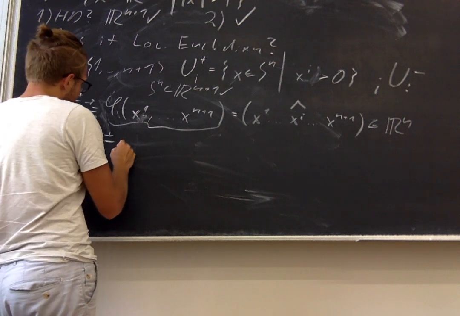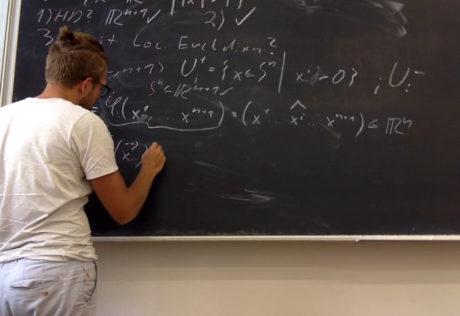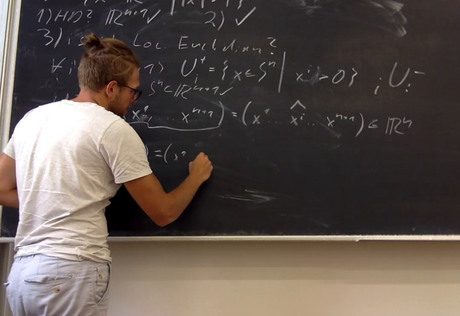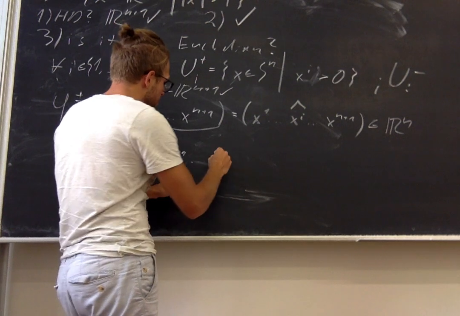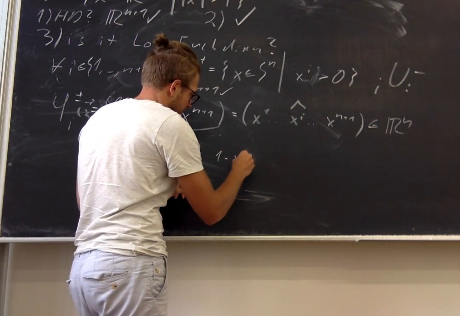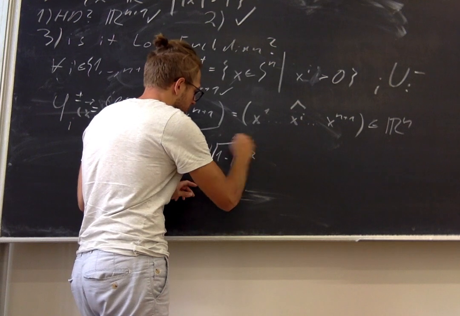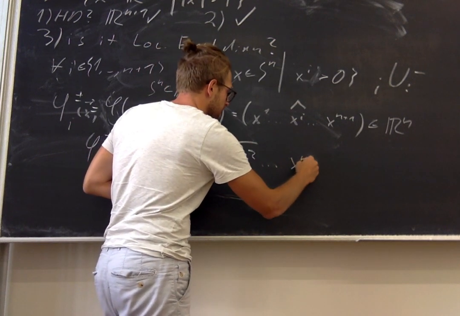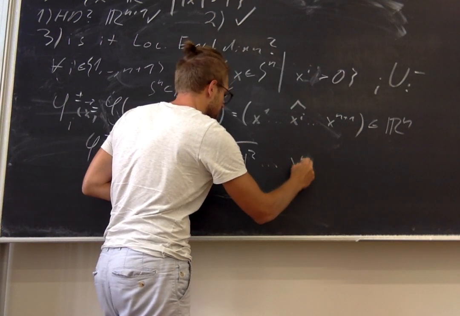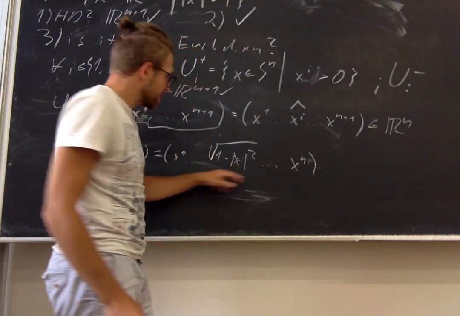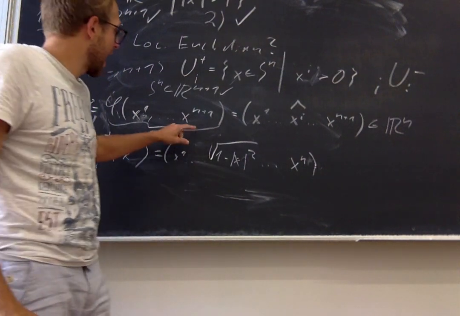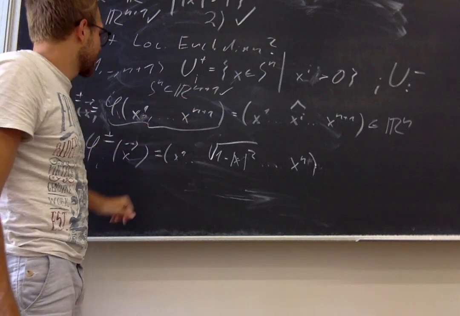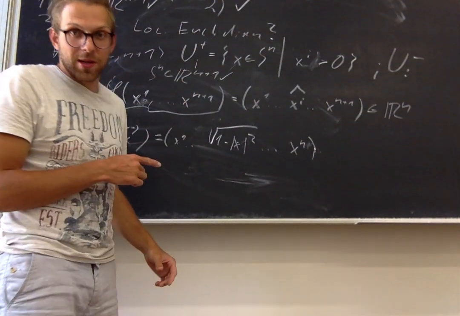The inverse is defined as x1, and then in the ith component you get the square root of 1 minus the Euclidean norm of x squared, and so on up to xn. So this is also a continuous map. We have continuity in one direction, continuity in the other. It's a bijection, so we have a homeomorphism here.